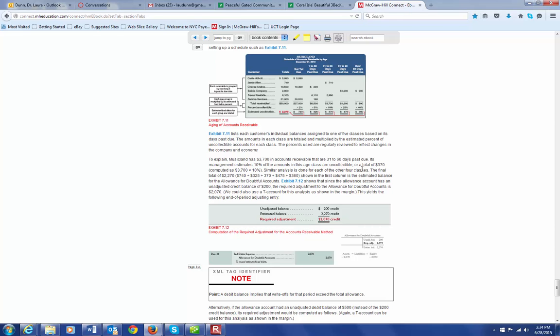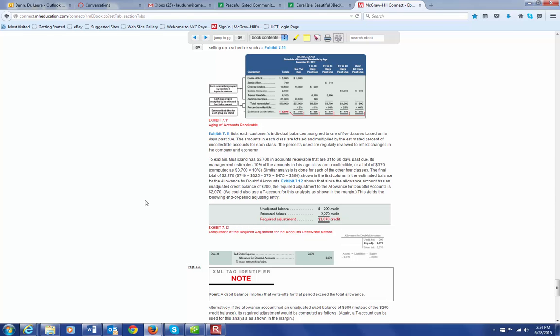So we need the total at the end of the year to be $2,270. Allowance for doubtful accounts already has a $200 credit balance, so the amount of your adjustment is only going to be $2,070.